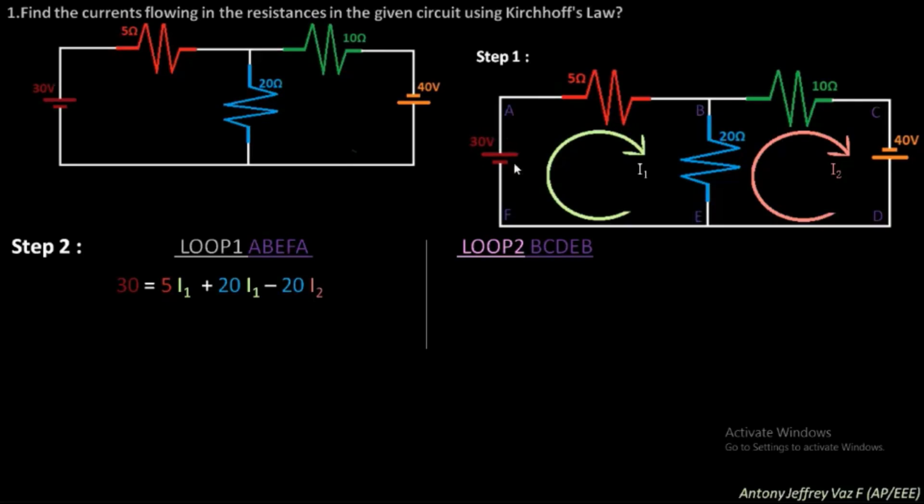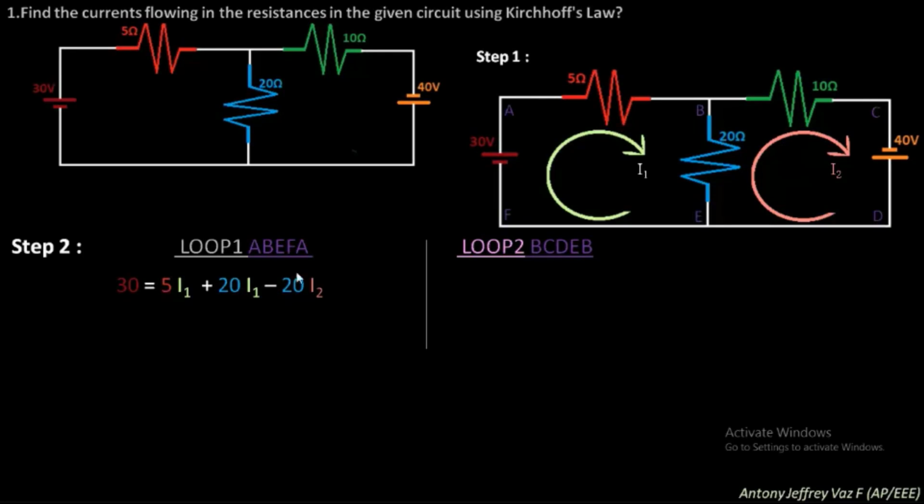This battery is 30 volt. For loop 1 we have a battery of 30 volt, so the potential rise is 30 volt, which will be equivalent to the sum of all the potential drops across the circuit.